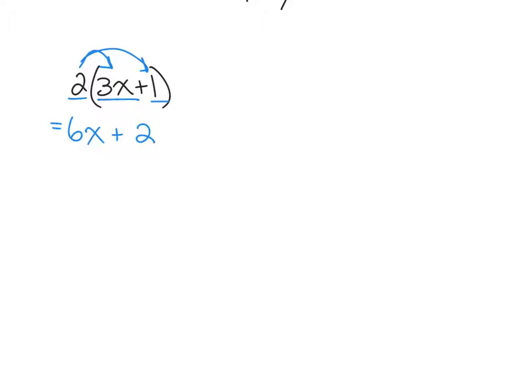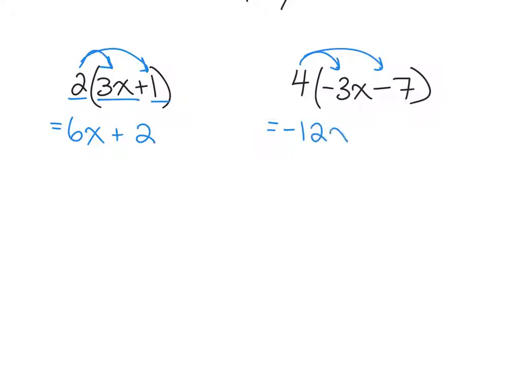All right, let's try another one. Let's say we had 4 times (negative 3x minus 7). So now I'm just going to multiply everything in the brackets by 4. 4 times negative 3x would be negative 12x. And 4 times negative 7 would be negative 28. So I have negative 12x minus 28.